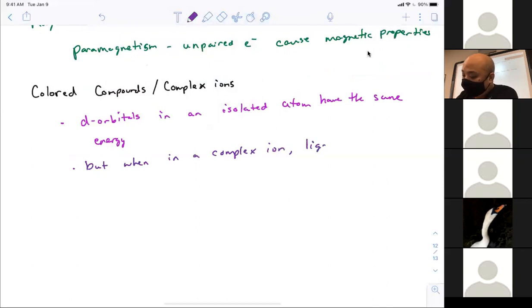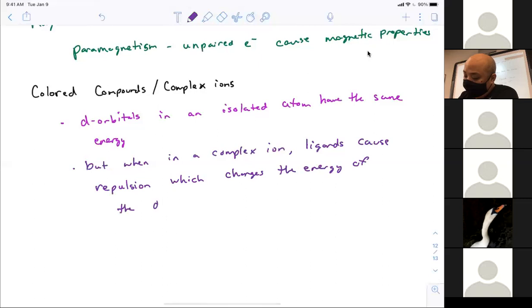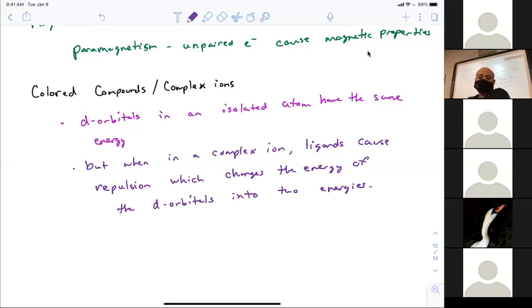the ligands cause repulsion, which changes the energy of the d orbitals into two levels, two energies. So they split into two different energies.